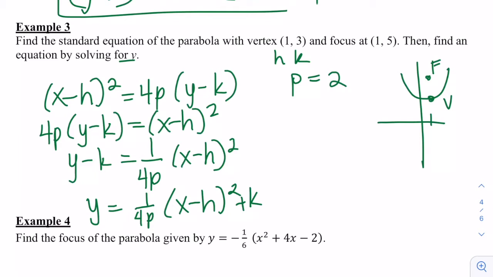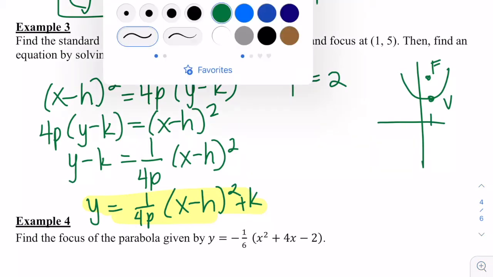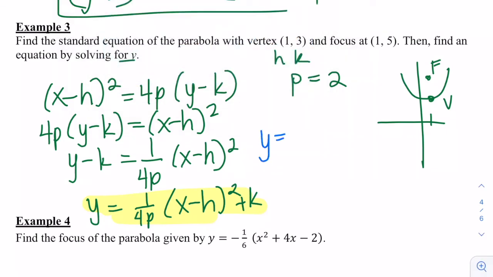And I do like that form, vertex form. Okay, so we're going to just plug the values in. So we know that p is 2, and so y equals 1 over 8, because it's 4 times 2, times (x minus 1) squared plus 3.